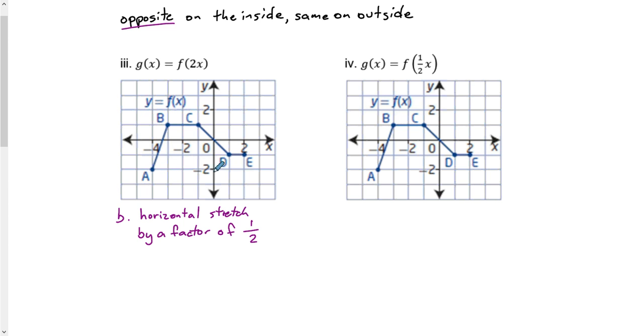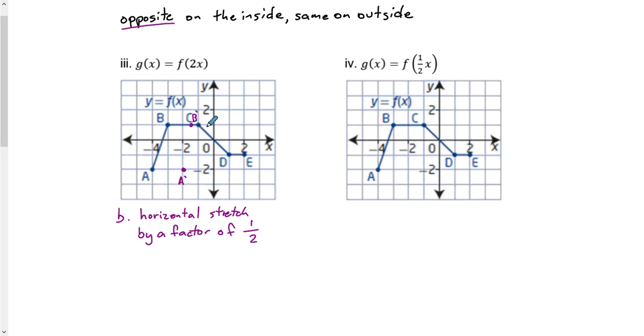The point A, so since we talked about horizontal, left and right, we can measure that A is 4 spaces to the left, so we're going to do a horizontal stretch by a factor of a half. So instead of it being 4, it's going to be 2. Instead of B being 3 points over, it's going to be 1.5.